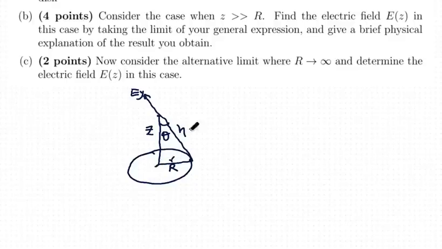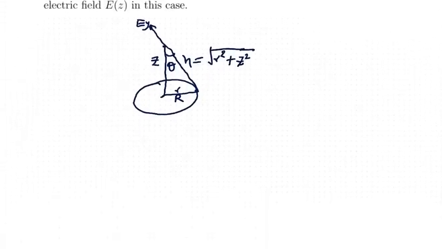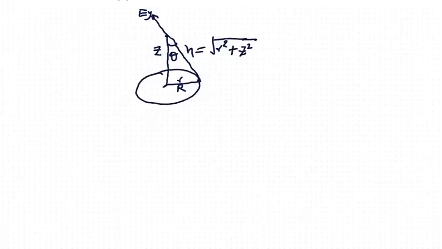So h is equal to the square root of r squared plus z squared, using the Pythagoras theorem.